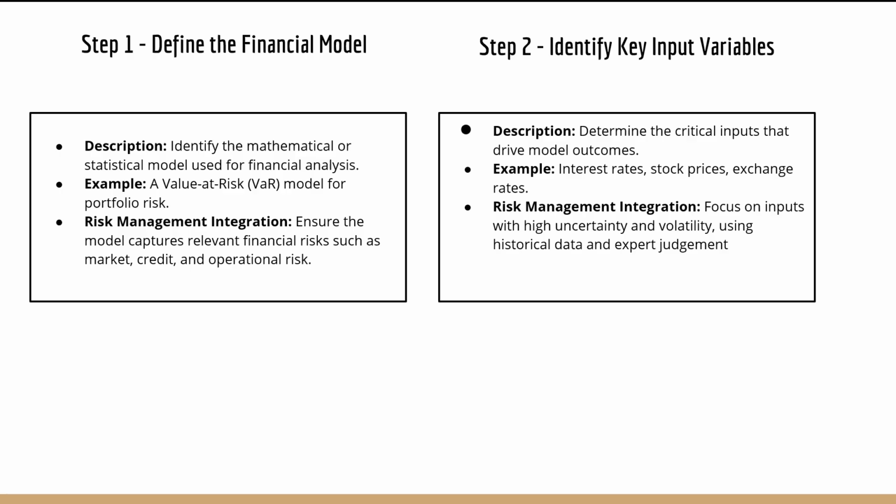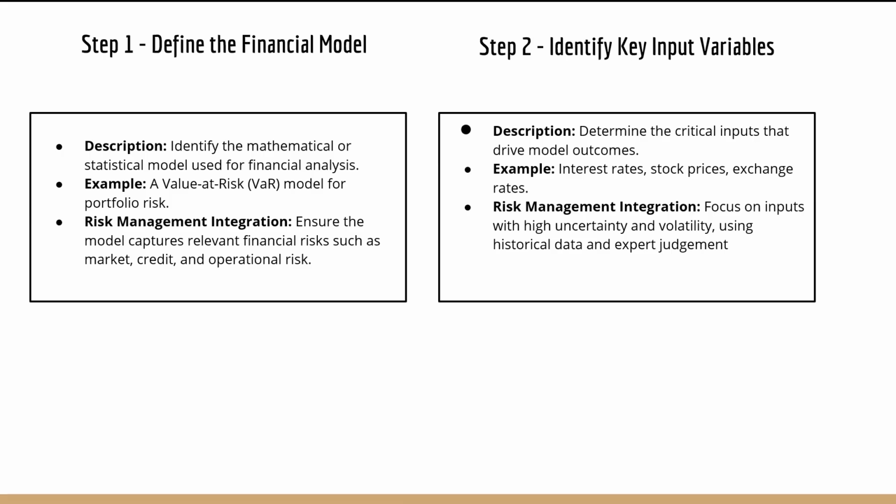Step number one, by the way, we will have multiple steps here. We'll go from step 1 to step 5. And step number 1 is to define a financial model. I would like to say that there are multiple types of models that you can use. We can use a mathematical model, a statistical model, and even a computational model. When you define your model, you have to define the one that is best suited for your sensitivity analysis.